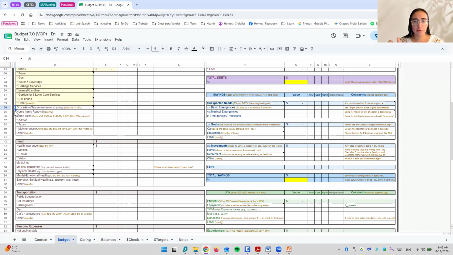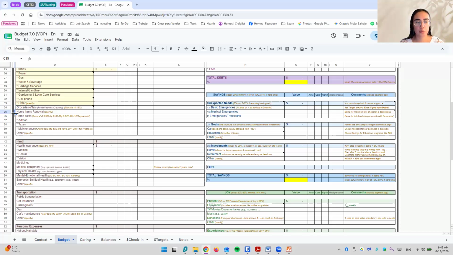So be very mindful of this differentiation between what is a need and what is fun. Even if it's the same visit to a store, maybe one part comes from a joy budget and not from the needs.